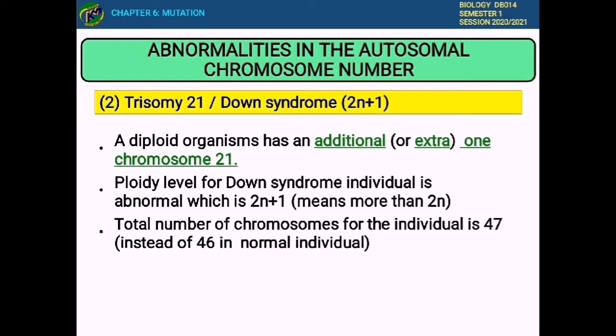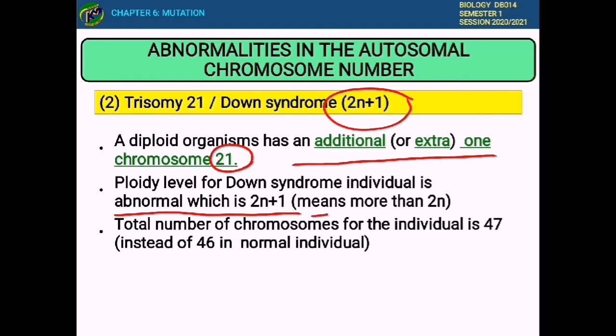So trisomy 21, the condition is 2n plus 1. A diploid organism has one additional or extra chromosome number 21. The ploidy level for a Down syndrome individual is abnormal, which is 2n plus 1, meaning more than 2n.